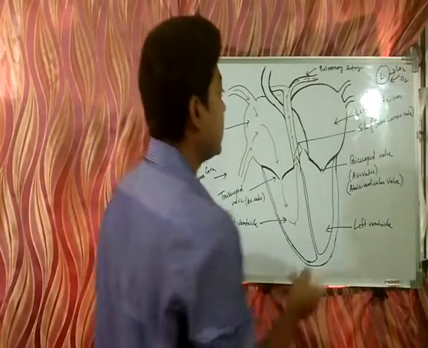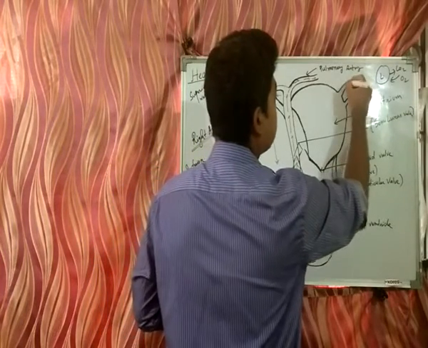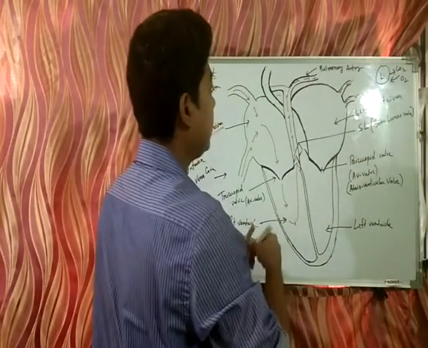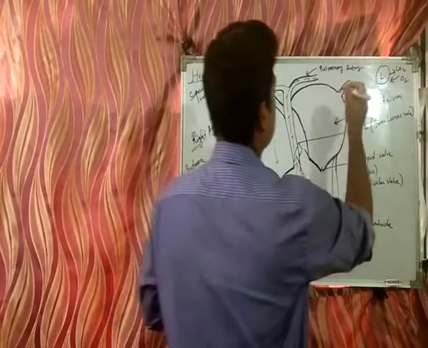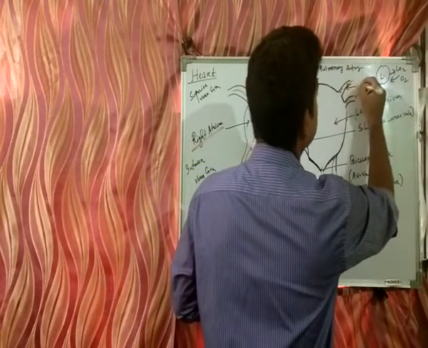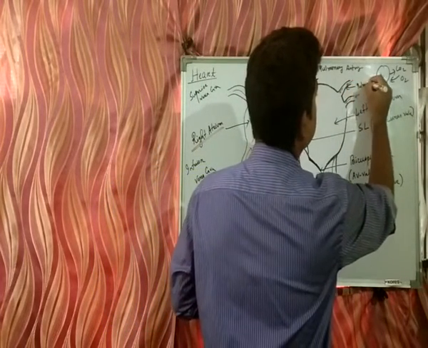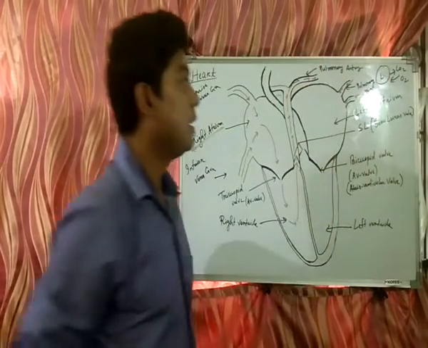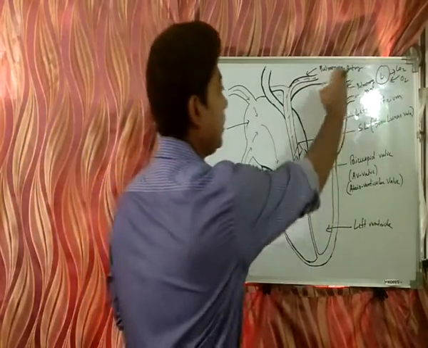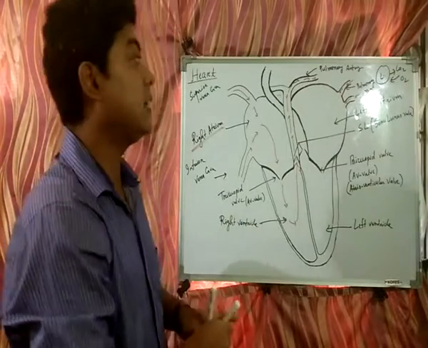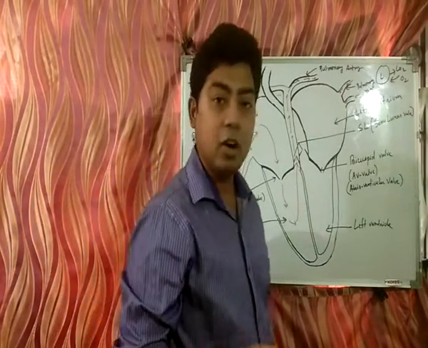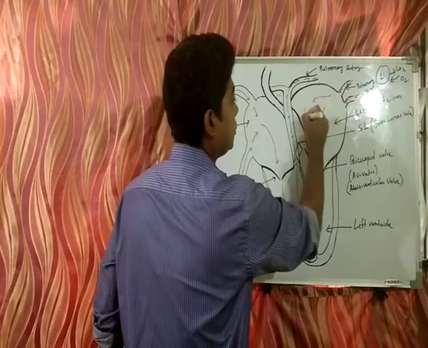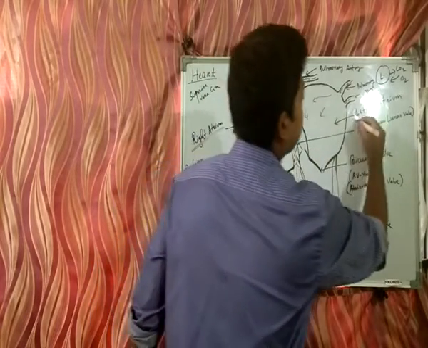Now from the lungs, this oxygenated blood is carried by the pulmonary vein. The pulmonary vein carries oxygenated blood, that means blood having oxygen. Now it enters the left atrium.